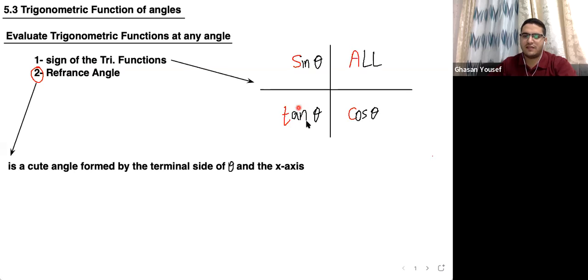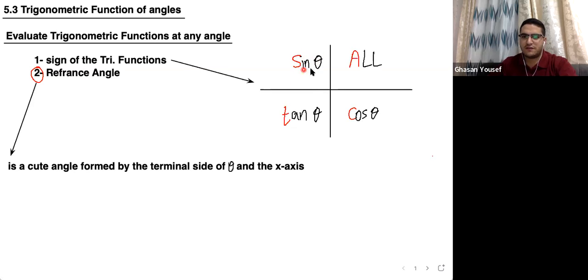The tan will be positive, and the reciprocal of tan, cotangent, is positive, and the rest are negative. Like the sine is negative, the cosine is negative. Understand? The same thing for the second quadrant. The sine is positive, and the rest are negative. The cosine is negative. The tan is negative.